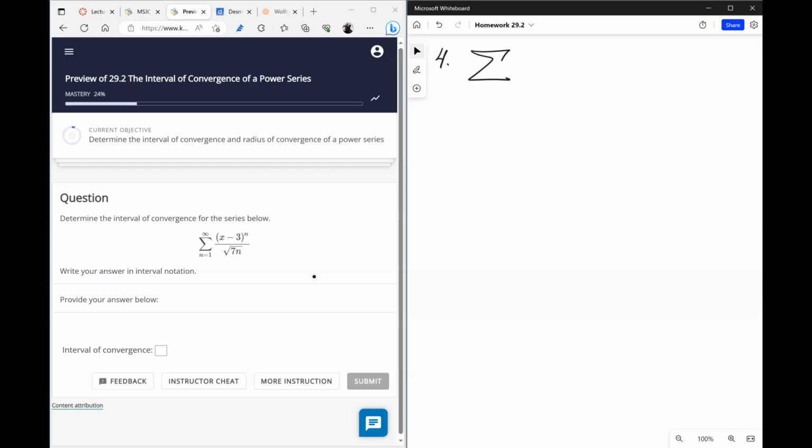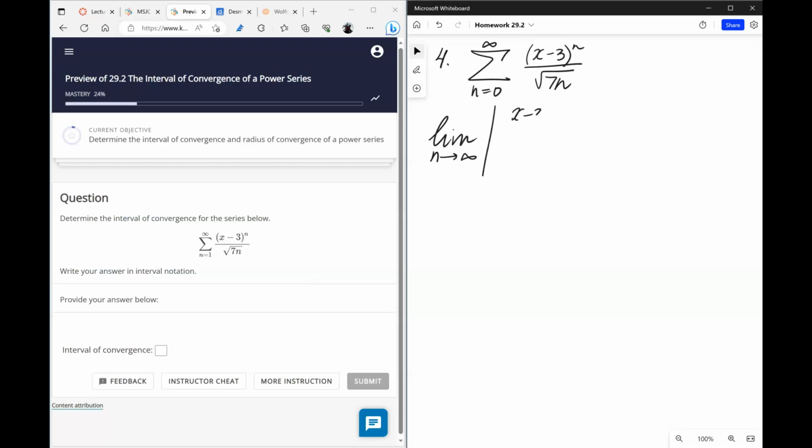A very similar question. Except we have the expression in the denominator, so we're going to set up the ratio test.